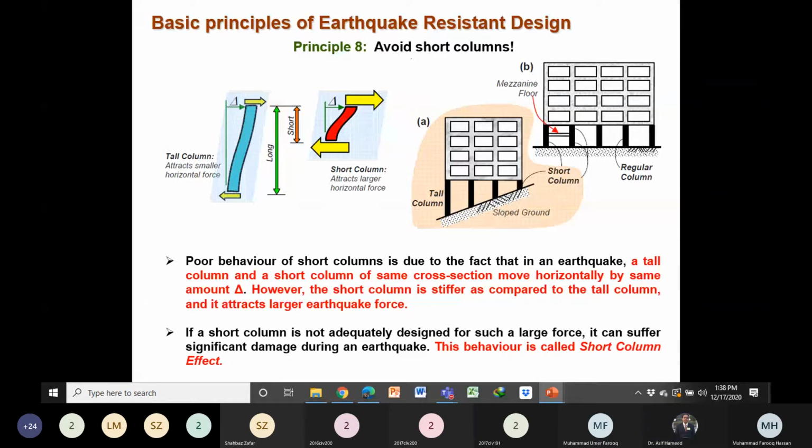Whenever you have to design a building or structure on a slope, you should be very careful. The purpose of sharing these principles with you is that you should not blindly design that structure. Whenever we have these kinds of irregularities, you should be very careful at that stage. We can design. Yes sir. Thank you sir.